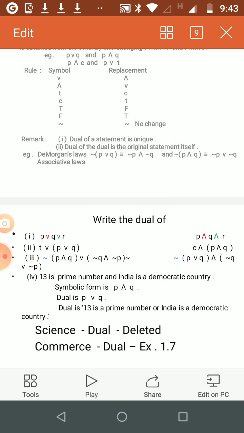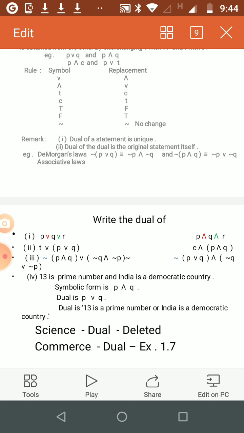Then we have some more examples. P or Q or R. So there are two or's. Both the or's are replaced by and. So the dual is P and Q and R. Then the second example, we have T or P or Q. Now here we replace T by C. Then or is replaced by and.